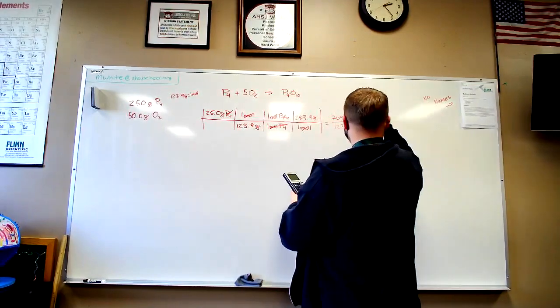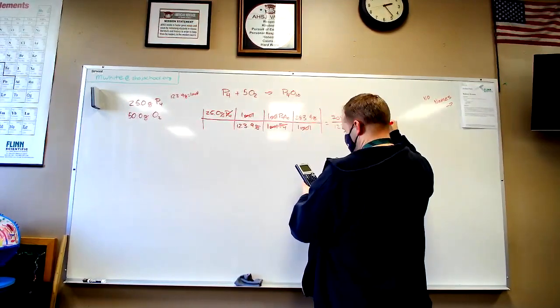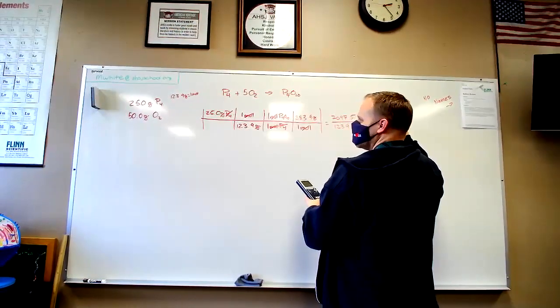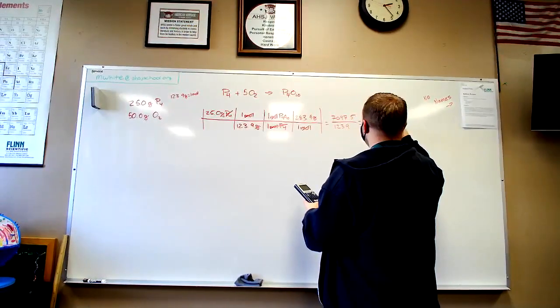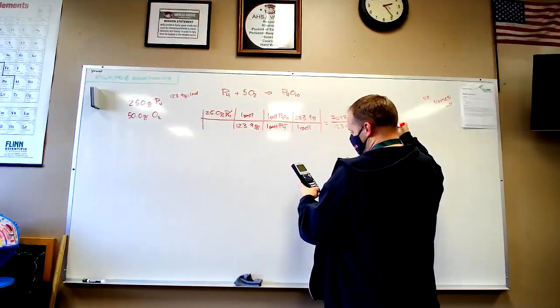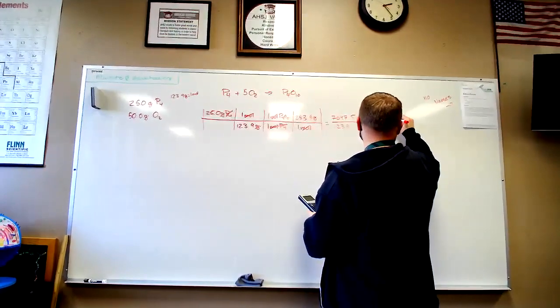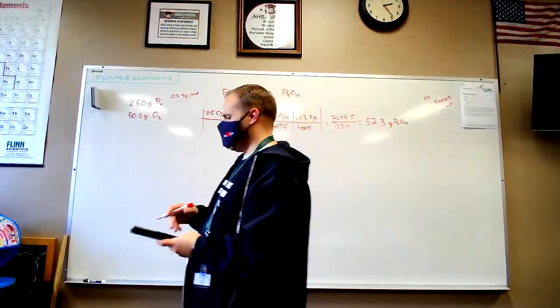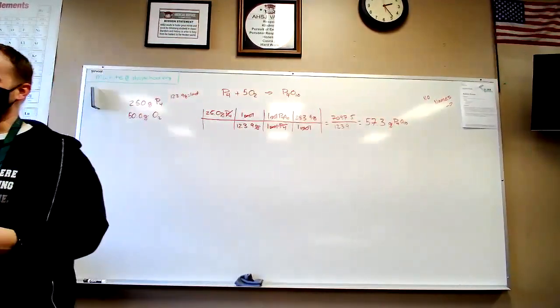And that gives us 57.3. 57.3 grams P4O10. Okay. We're halfway there.